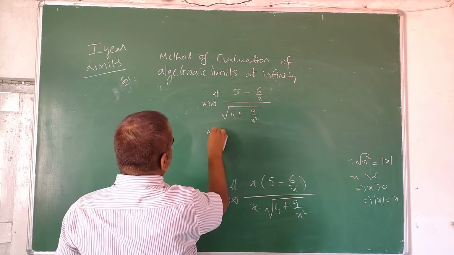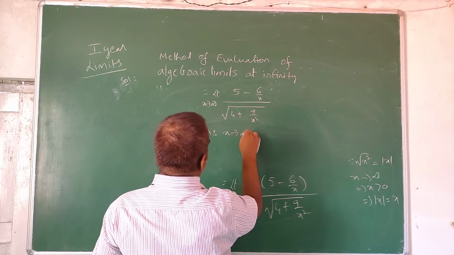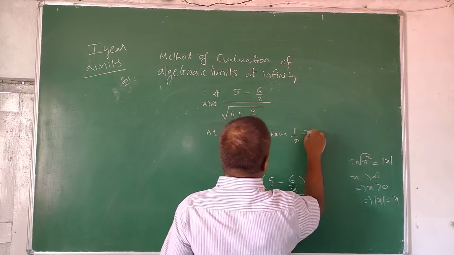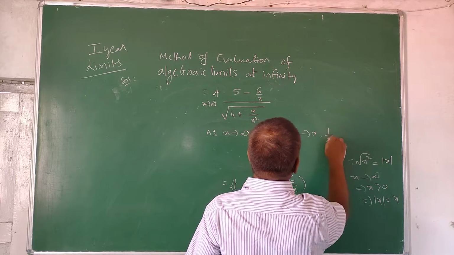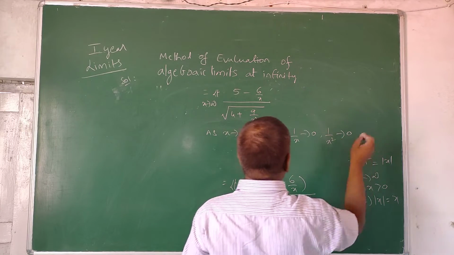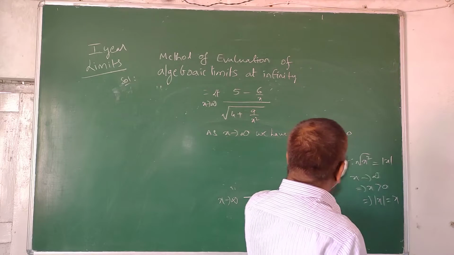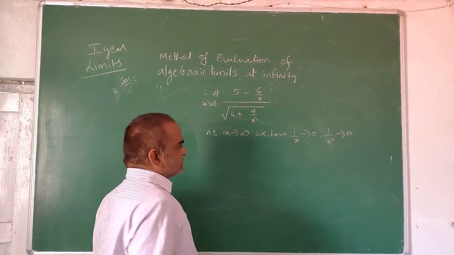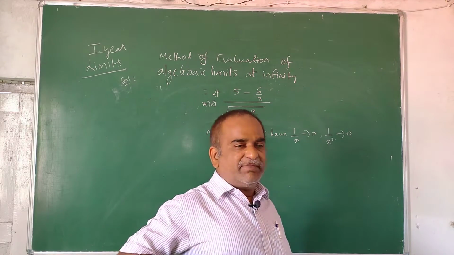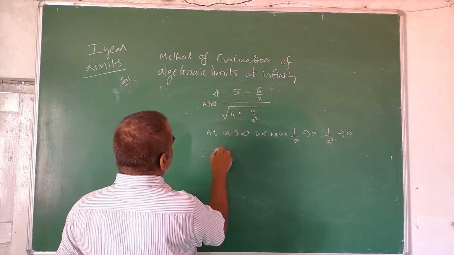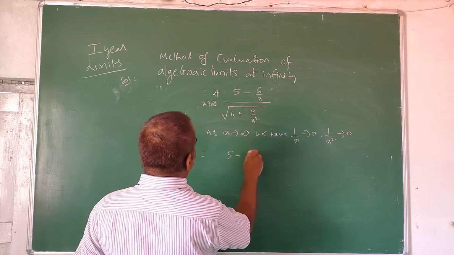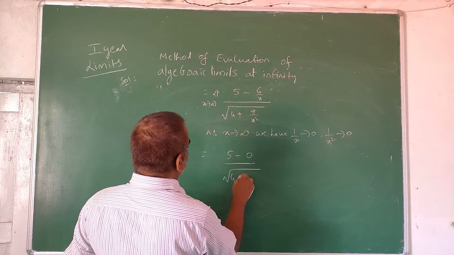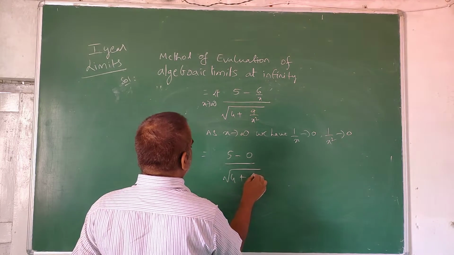As x tends to infinity, we have 1 by x tends to 0, 1 by x square tends to 0, 1 by x cube tends to 0, etc. So this is 5 minus 6 into 0, divided by root over 4 plus 9 into 0.